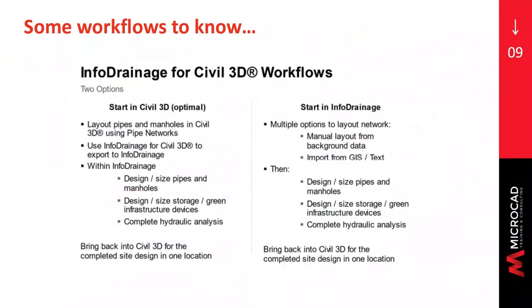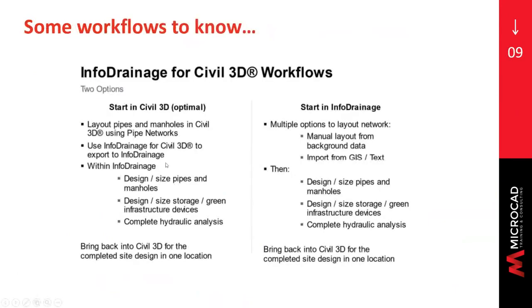Okay, so this is the workflow you would use: do your layout of the pipes and manholes in Civil 3D using your regular pipe networks, your pipe network parts that you're used to creating, your parts lists, etc. Okay. And then export that to InfoDrainage. Whoops, one button too fast.